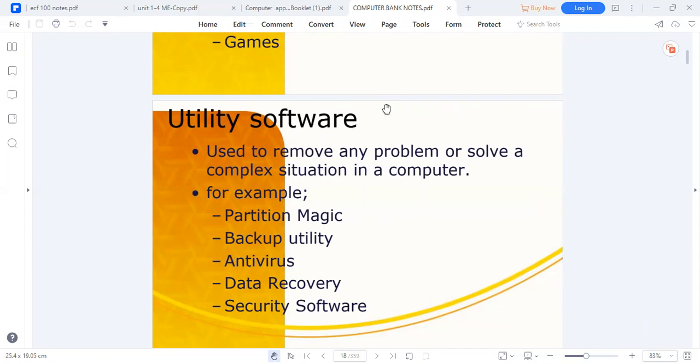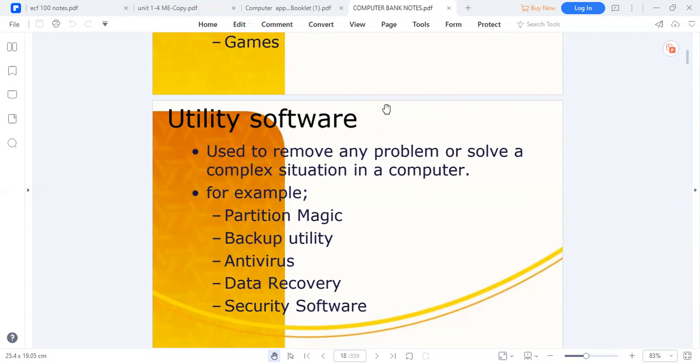We have utilities like Partition Magic, backup utilities, antiviruses, data recovery utilities, and also what we call security software. These are basically used to remove any problem on a computer that we wish to solve.